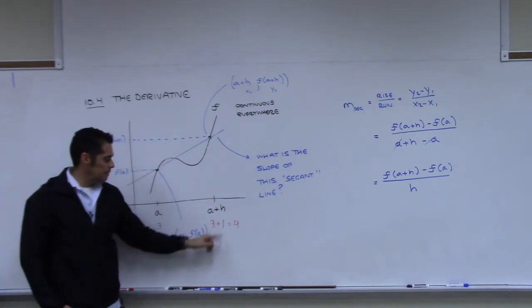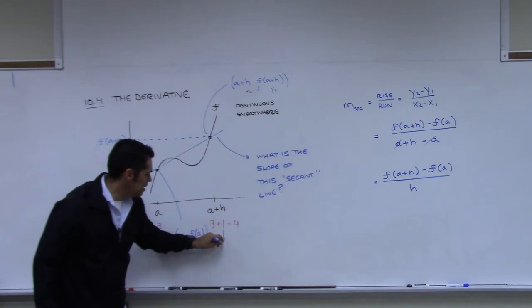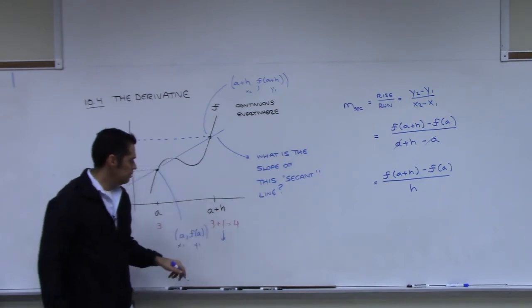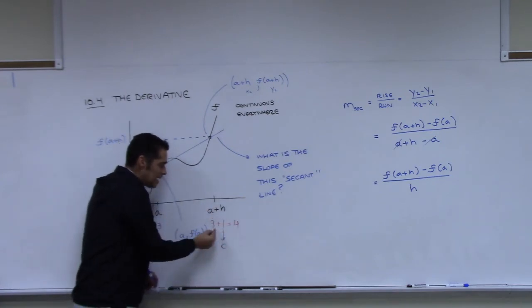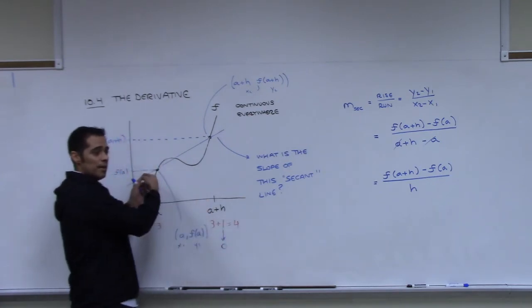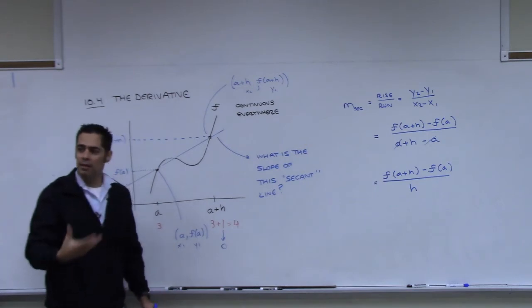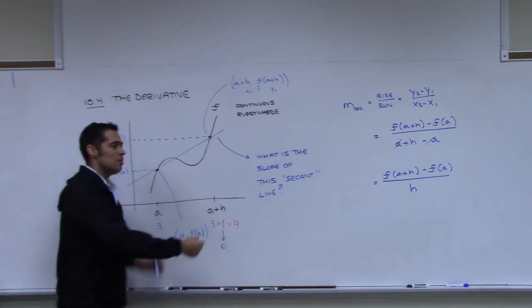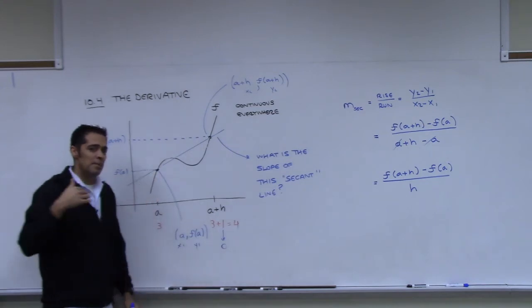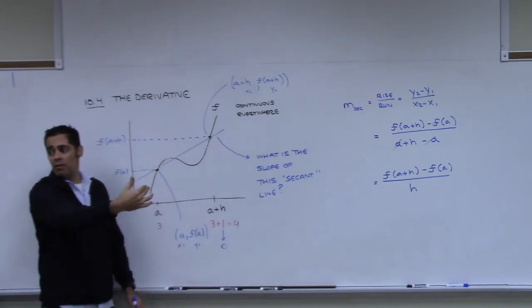Not A, but close. I want this number right here, where do I want it to go to? 0, right? If I make it 0, this is just 3 and 3 and they're in the same place, right? So why don't we bring in the limit then? Because we can't let it be 0. If we let it be 0, they're on top of each other. But I can ask myself what happens as h goes to 0, right?